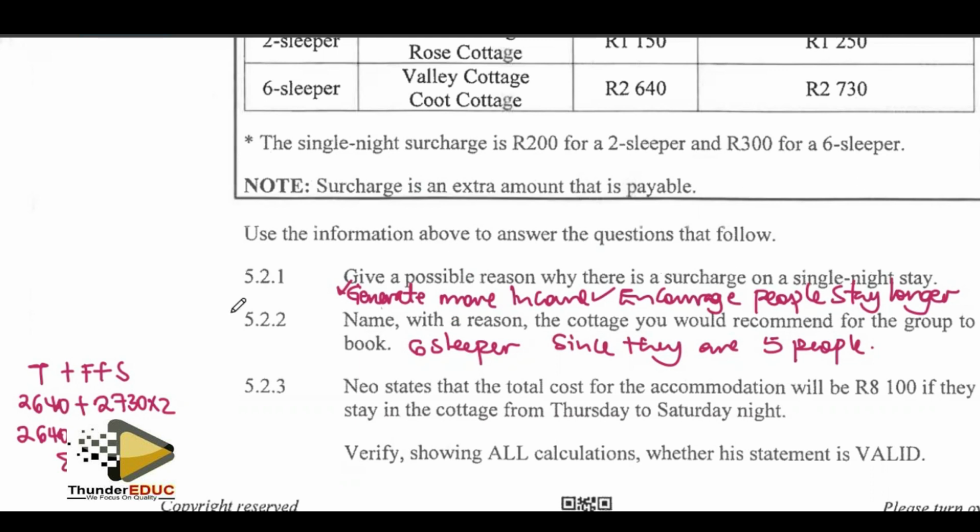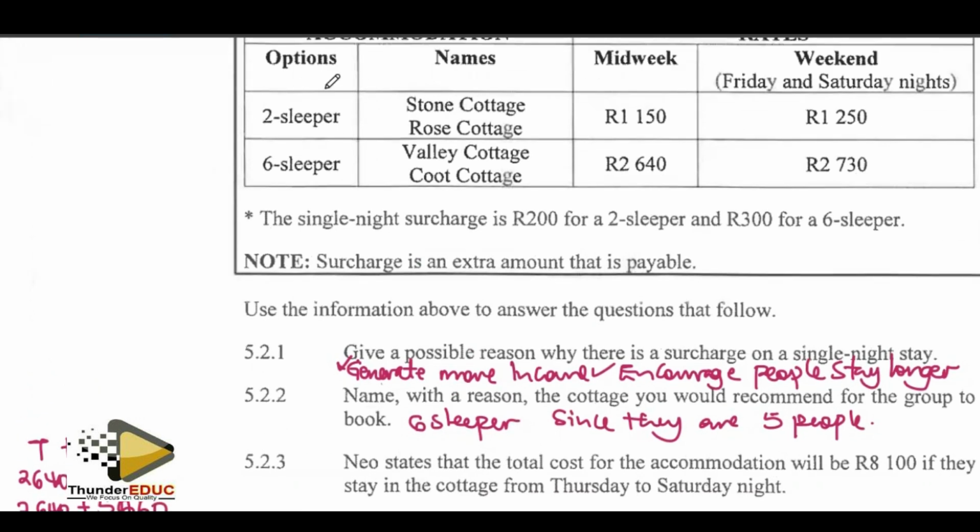This is how much they would have paid. Now it says that the total cost for accommodation will be this if they stay in the cottage from Thursday. They say the cottage, not cottages. So you can't use option 1 if they stayed, because there are 5 people.